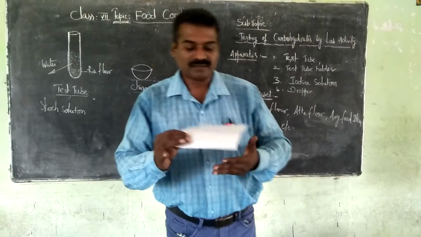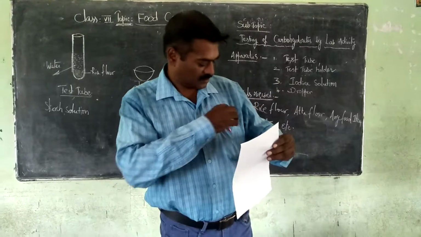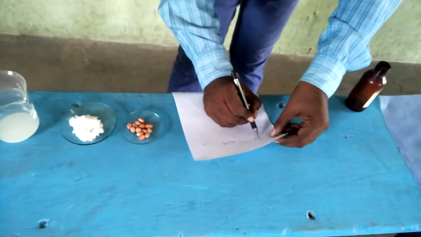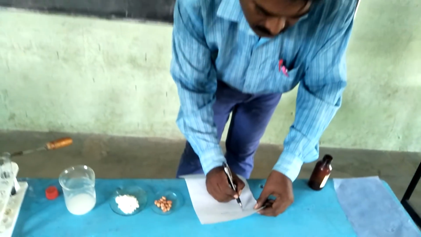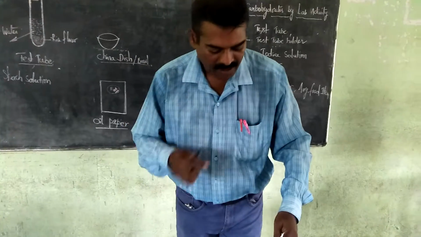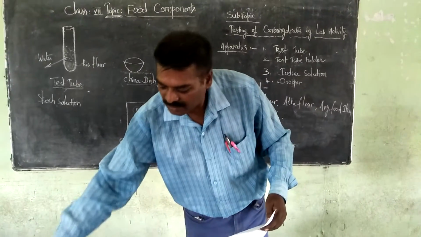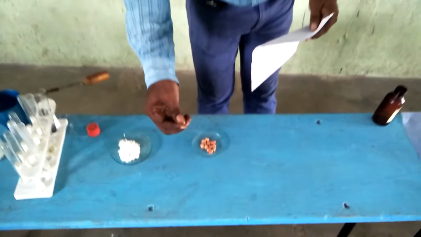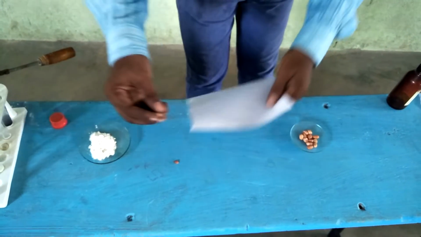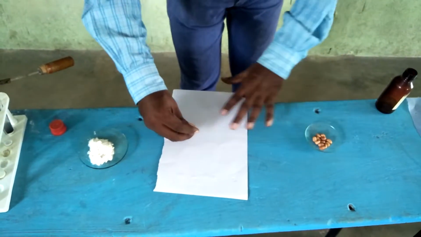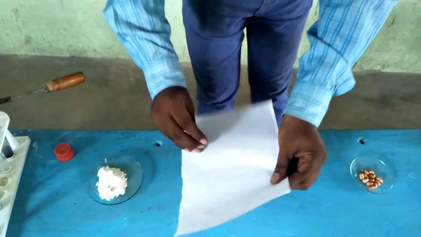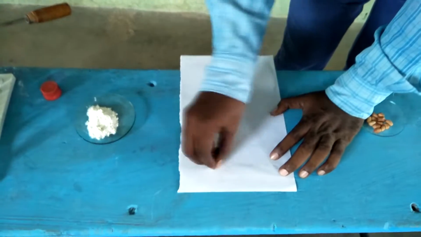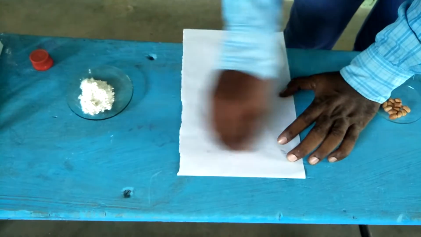On the white paper I am writing the word fats. After writing these letters, I am taking a groundnut seed, crushing it, and on the backside of the written paper, which I have kept on the table, I apply it and slowly rub it gently on the backside.